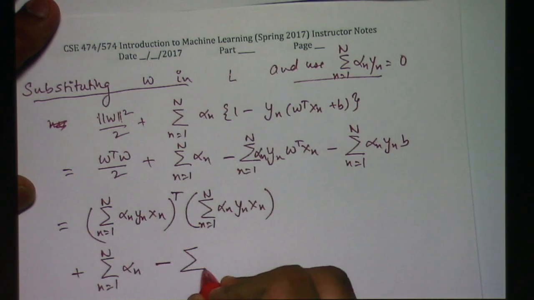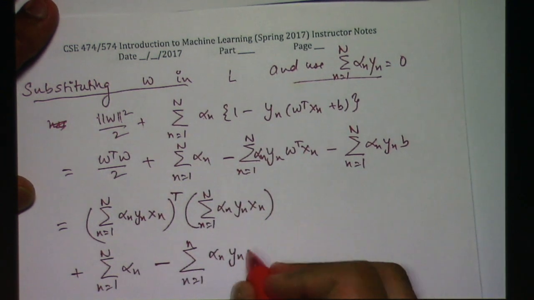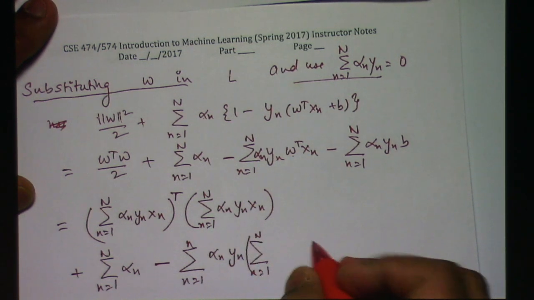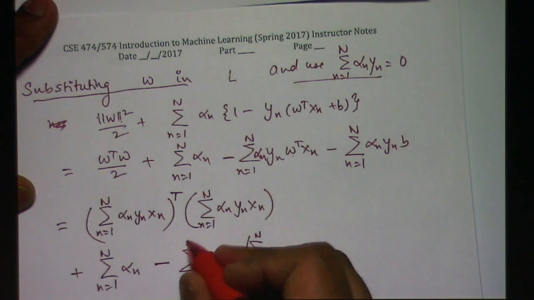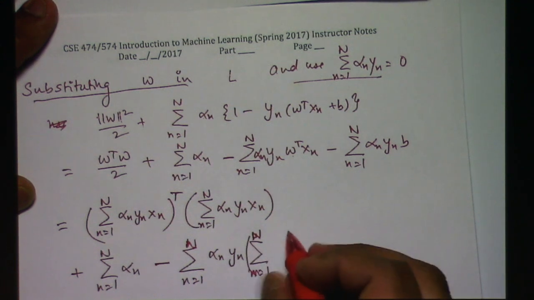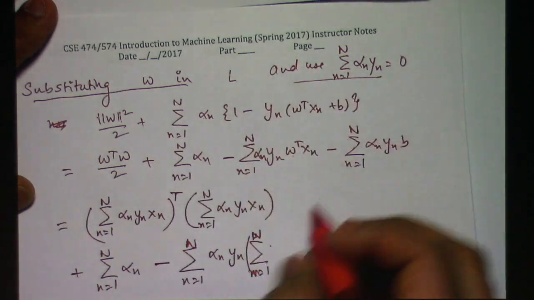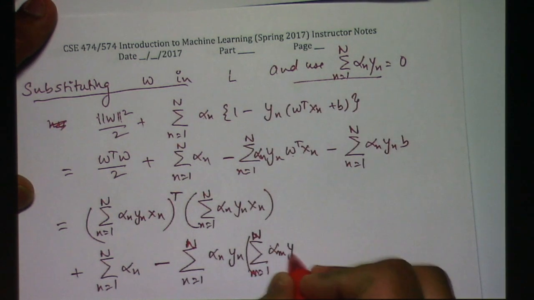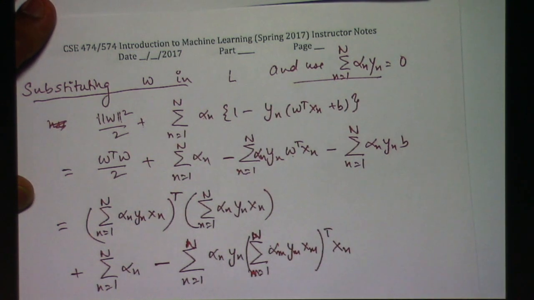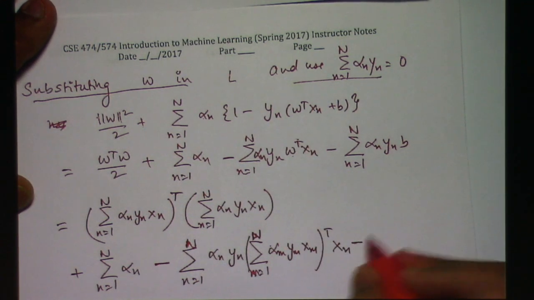Minus, in this one, the same thing, yn. Since there's already n here, I'm going to use subscript m, going from 1 to n, and what is W? Alpha m ym xm, transpose xn. So I just substituted W with the other thing.